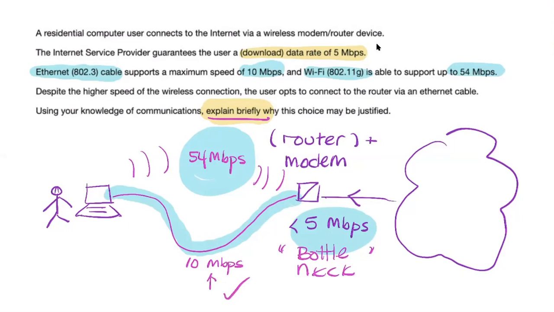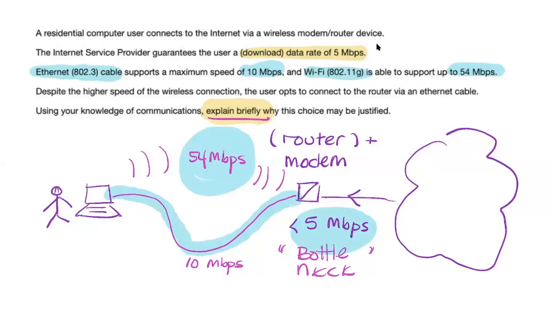Now, there are other advantages for using Ethernet. Okay, so Ethernet, probably less interference, less vulnerable to noise, more stable. That's fine. You can mention that, but these are secondary reasons. These aren't the main reason. This isn't why you would use Ethernet.